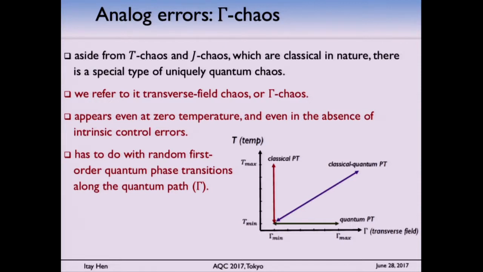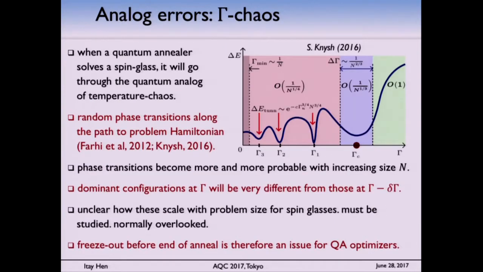There too, you can expect, and this was a nice work by Sergei Knysh in 2016, that if you go through the spin glass phase, you end up seeing random anti-crossings with exponential suppressions, and there could be very many of them.